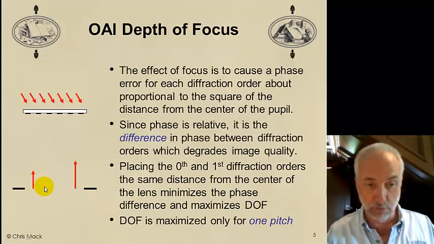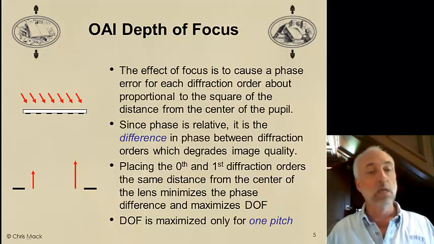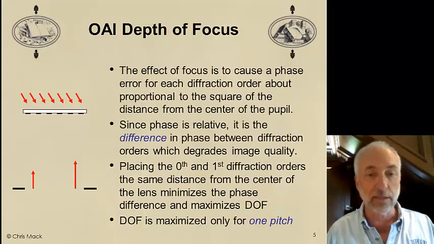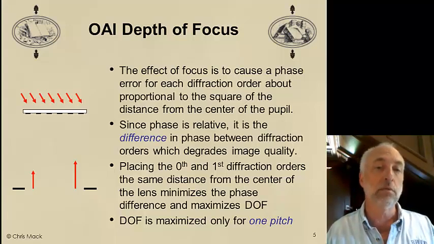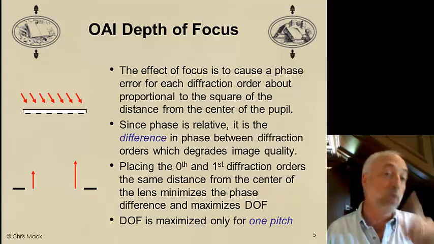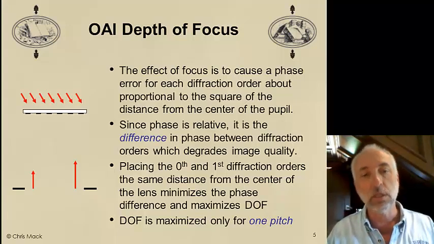This first order starts moving to a different location. And only at one pitch will this order be the same distance from the center of the lens as my zero order. So what do I do? I tilt the illumination so that I get this ideal lack of sensitivity to focus errors for one pitch. I have to optimize my illumination to give me the best possible results for a single pitch.